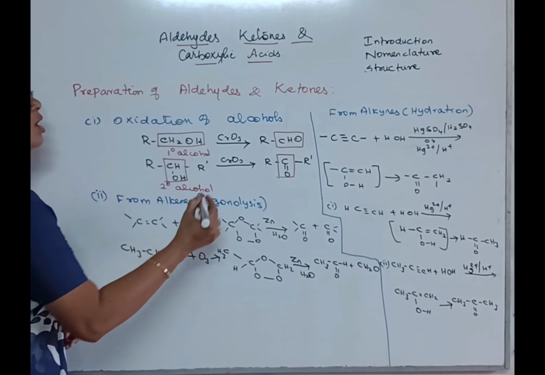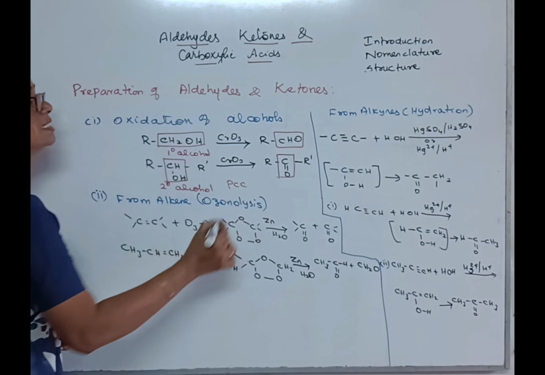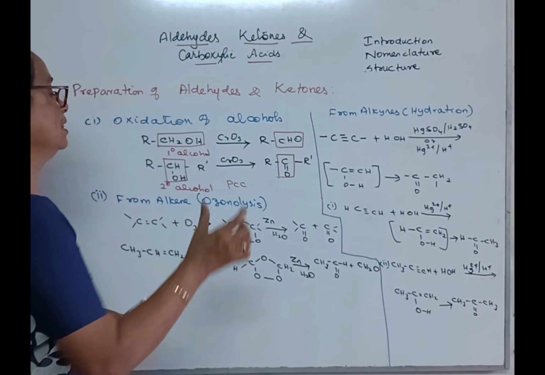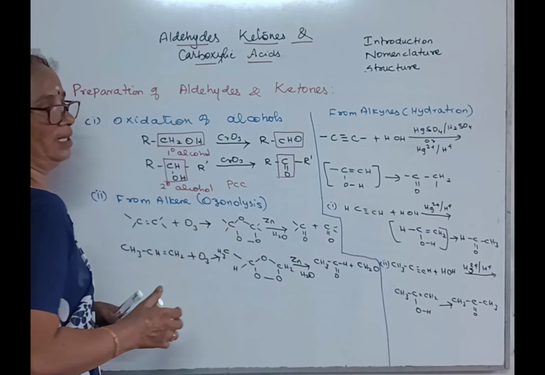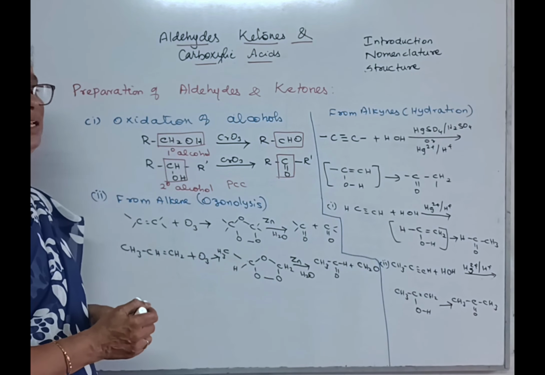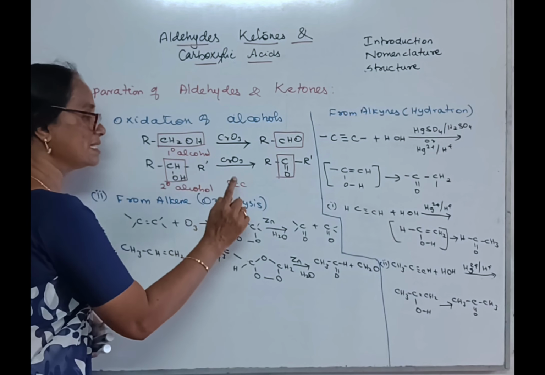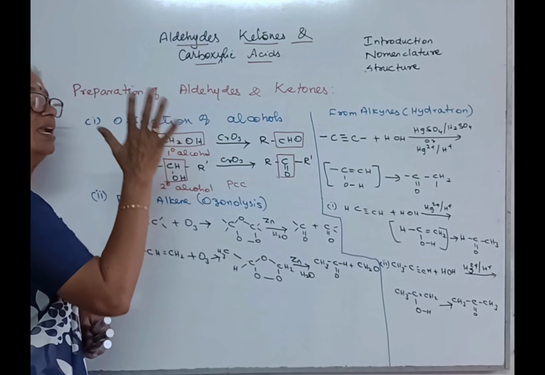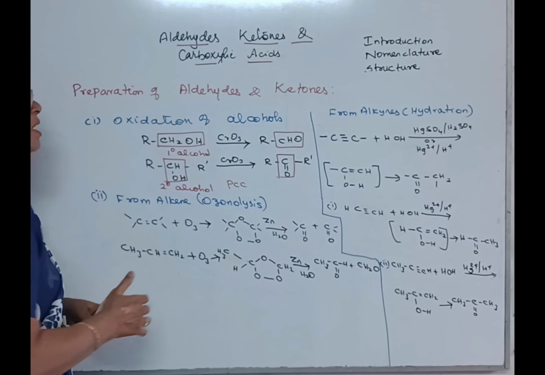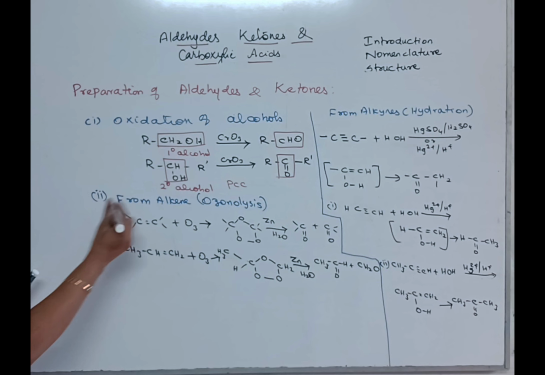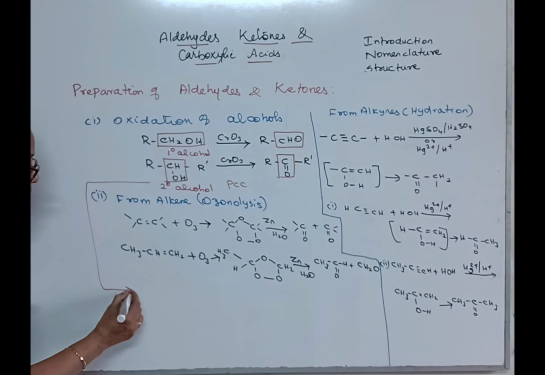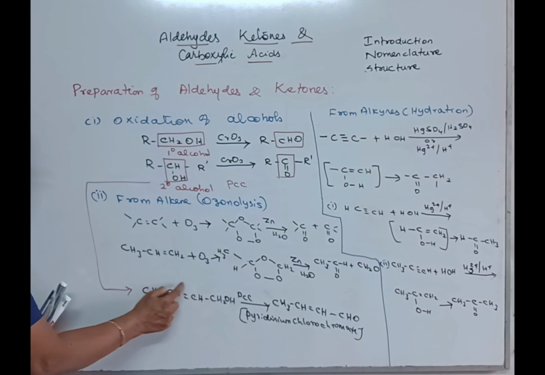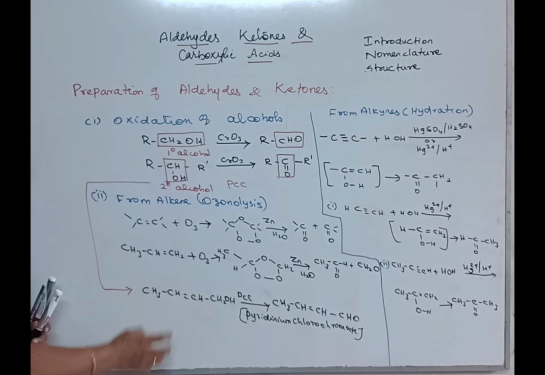And we have one more oxidizing agent, PCC, called pyridinium chlorochromate. This pyridinium chlorochromate is a selective oxidizing agent because it does not alter the position of a double bond. It oxidizes only the primary alcoholic group. Let us have that example also. Here we have an unsaturated alcohol: 1, 2, 3, 4, with a double bond at the second position.